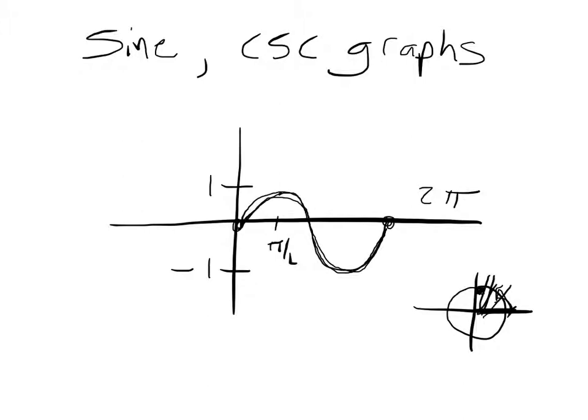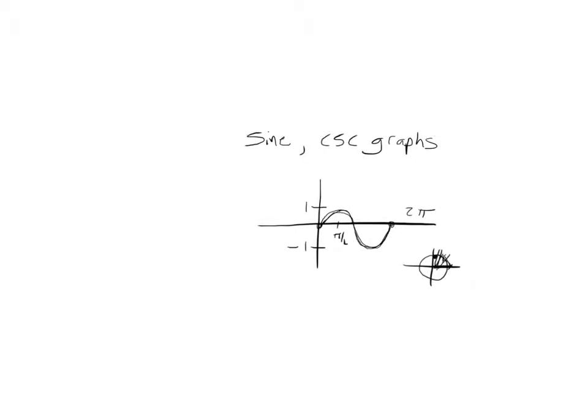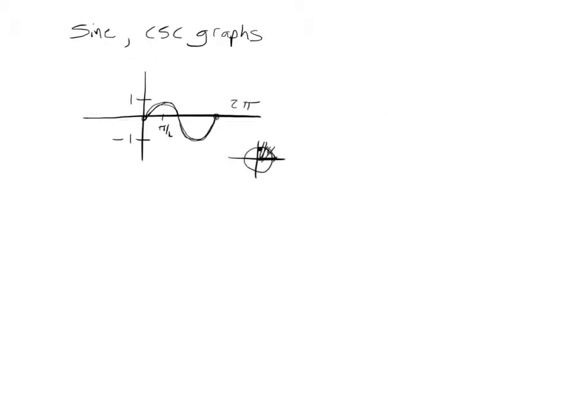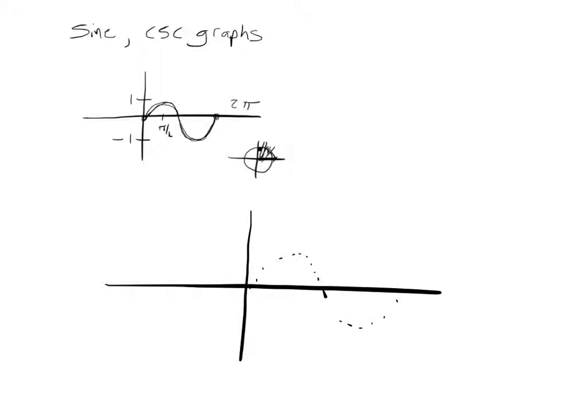Now, how do we get a cosecant graph from a sine graph? I don't myself memorize anything other than sine, cosine, and tangent, because if I need to graph one of the other curves, I can do it. So if I want to graph the cosecant graph, the first thing that I do is create the sine graph as a dotted line, and remember the relationship between sine and cosecant.